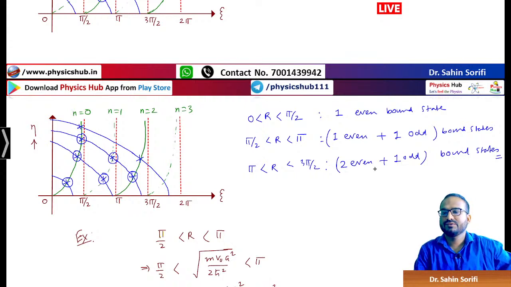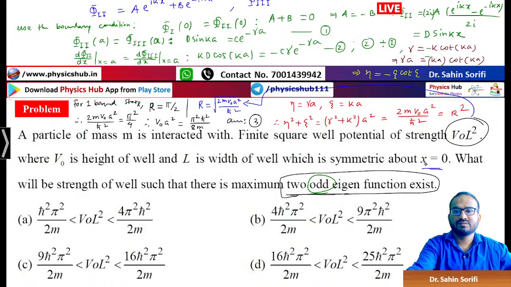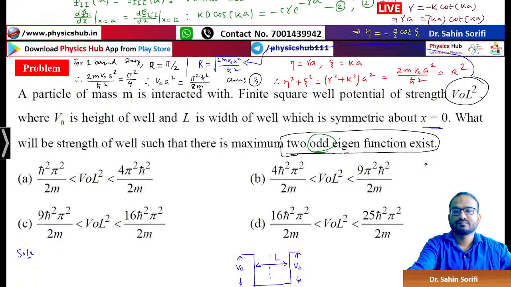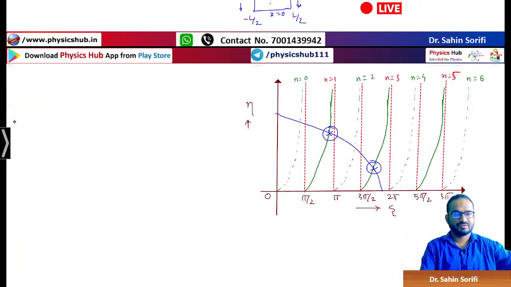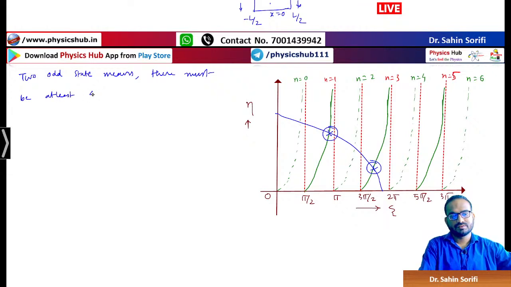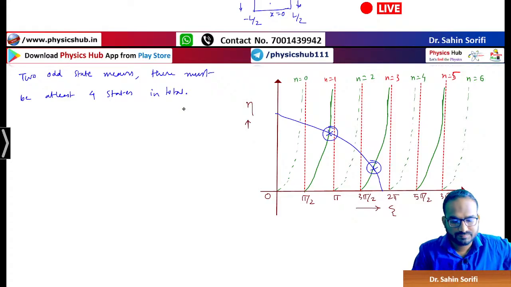Look, we have seen a total of 4 states, 2 even and 2 odd. If you go beyond 3 pi by 2, then you will get 2 odd states. So you have to find the minimum condition. Maximum 2 odd eigenstates will exist, and 2 odd states means there must be at least 4 states in total.